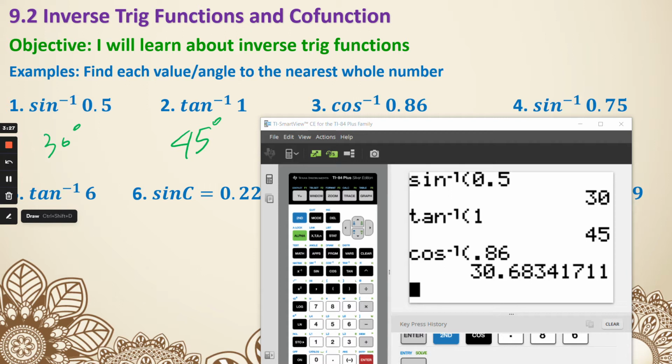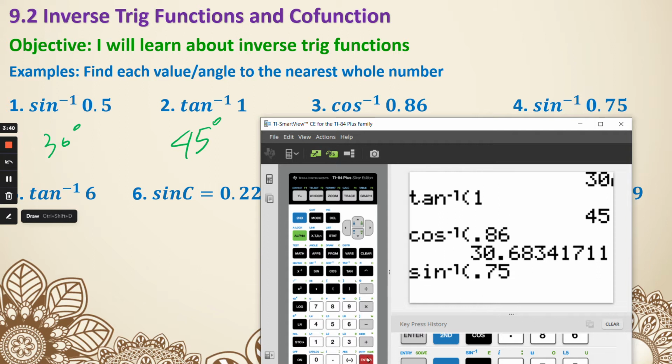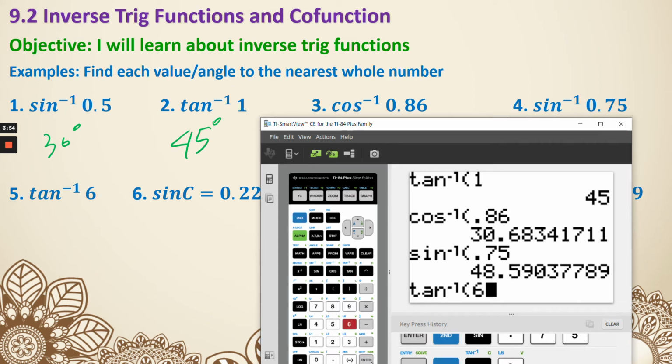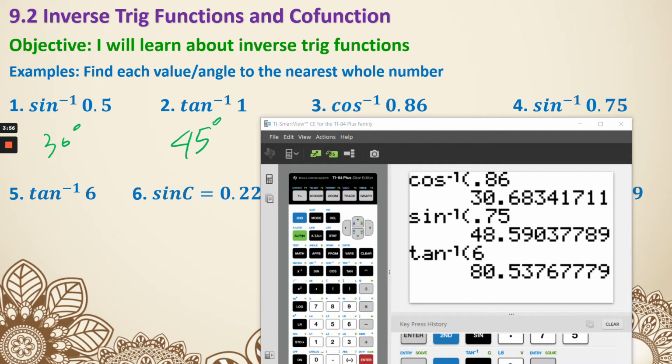So second, and then we're going to press sine 0.75, which is 49 degrees. We still have tangent. Second, tangent 6, which is 81 degrees.